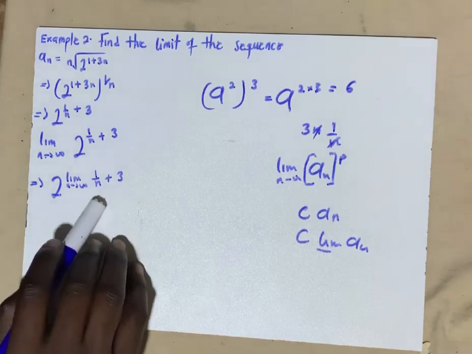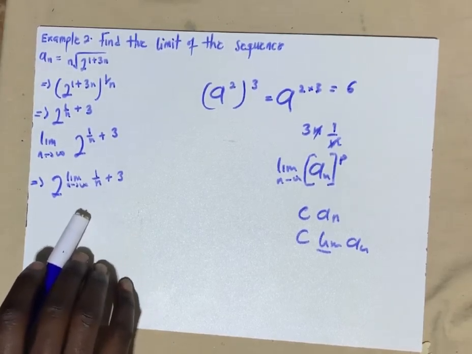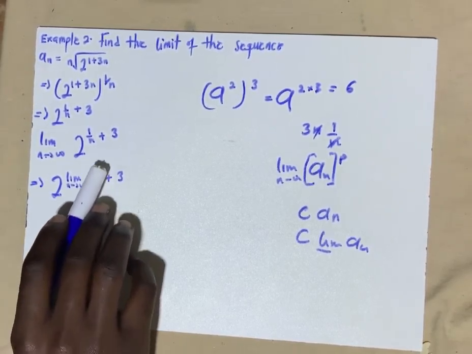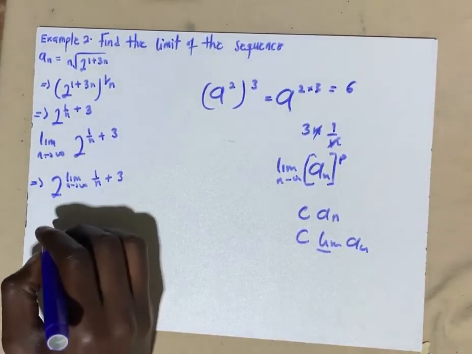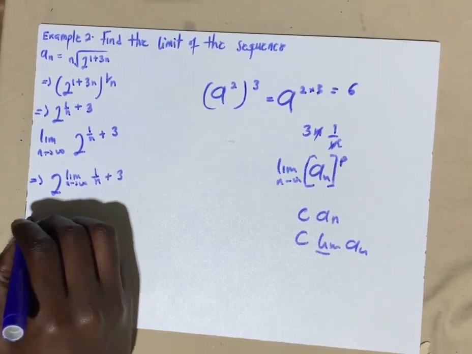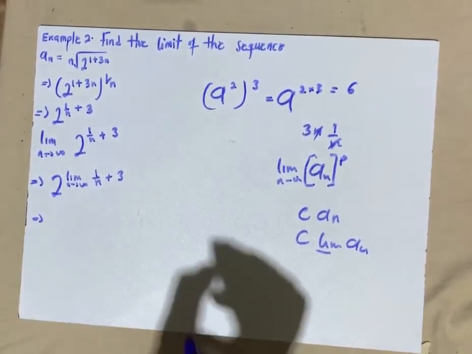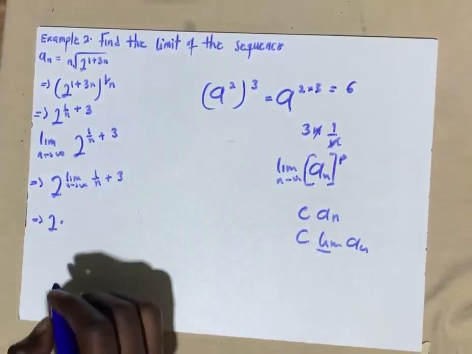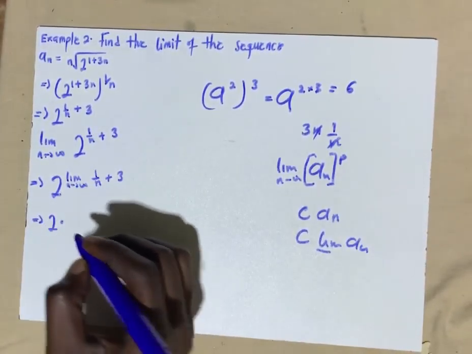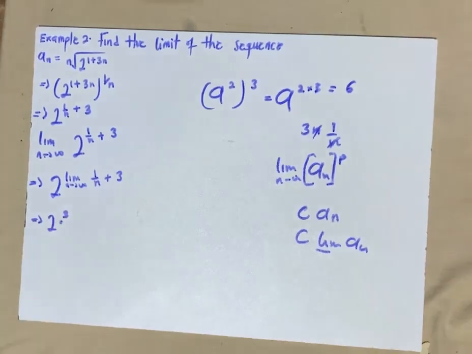How do you find the limit? Over here we can plug in infinity, and when infinity is plugged in, 1 over n is obviously going to give us 0. So we get 2 raised to the limit of this exponent, which is 3.